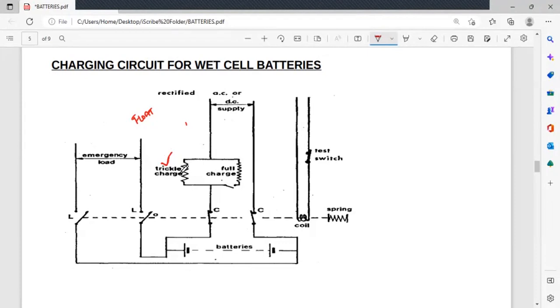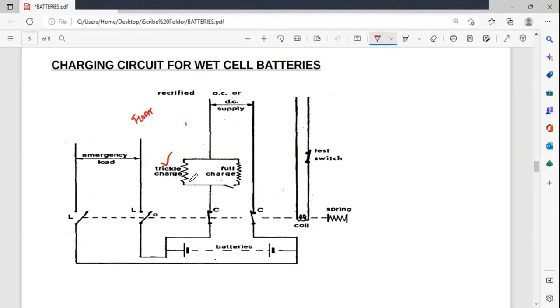Now, when it is switched to the trickle charge, what you are seeing here is actually not a resistor, but they are showing a resistor because it indicates that the current flowing in this position is going to be a very, very small current. It's not a resistor, it is a charging circuit that is going to be limiting this current.